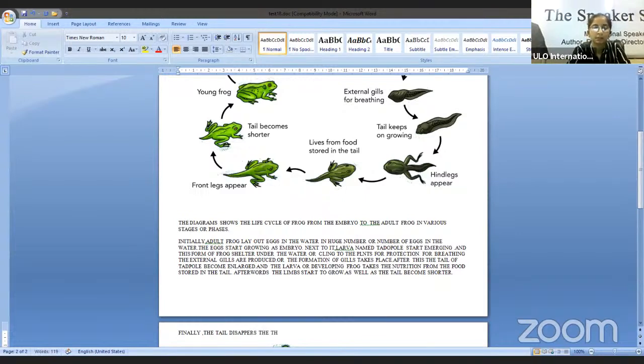And the formation of young frog takes place, which look like the adult frog.